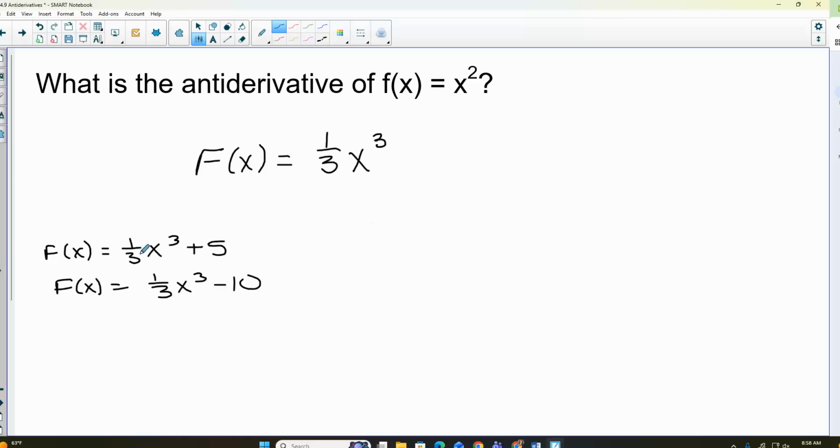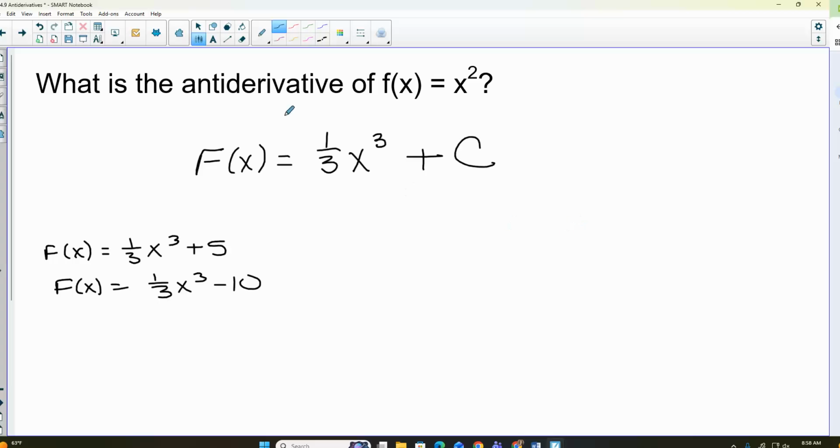But what's the only difference? The constant. So the antiderivative is 1/3 x cubed plus a constant. So there are many functions that have a derivative of x squared, but they're all the same except for the constant value that might be on the end. So when we do these antiderivatives, we will always put a plus c on the end to represent the constant.